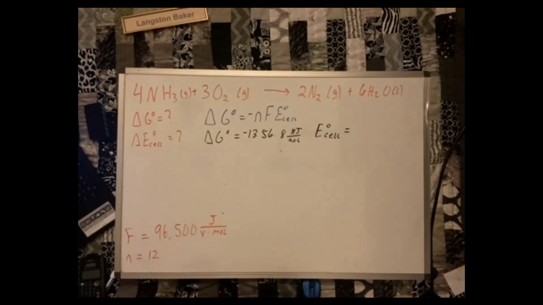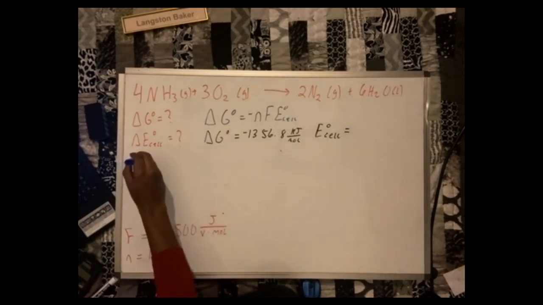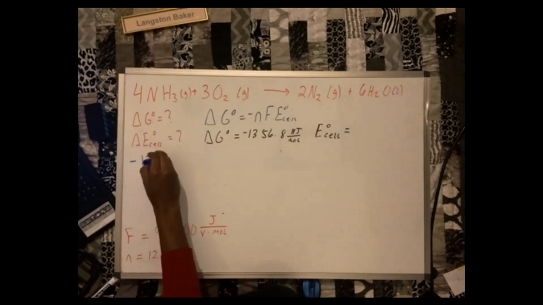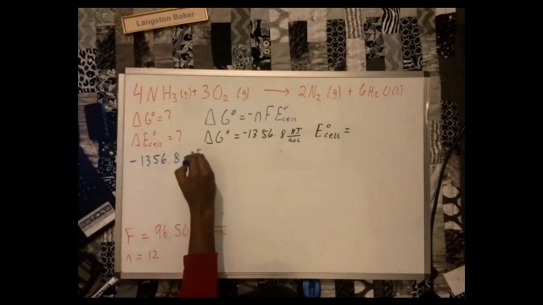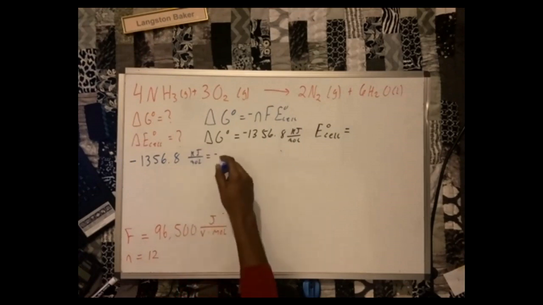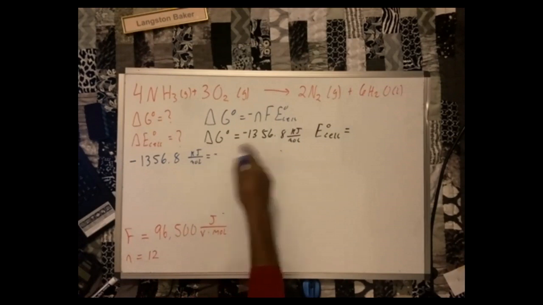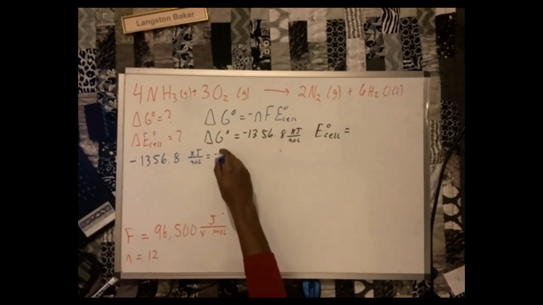We know what delta G is now, so plug it in there. Negative 1356.8 kilojoules per mole equals negative N, which is our 12, right? N is 12.